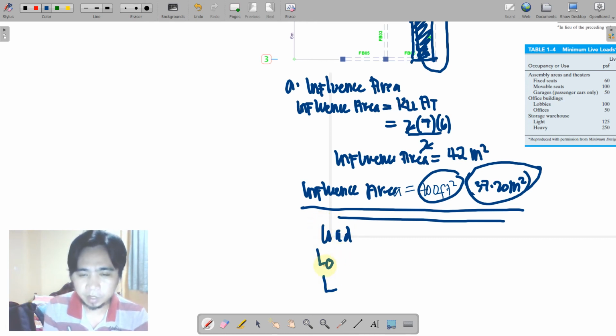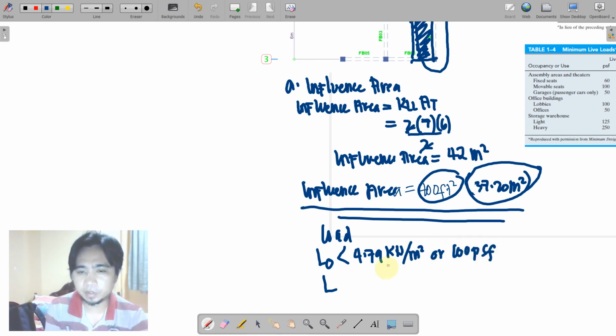LO should be less than 4.79 kilonewton per square meter, or in English that is 100 pounds per square feet.